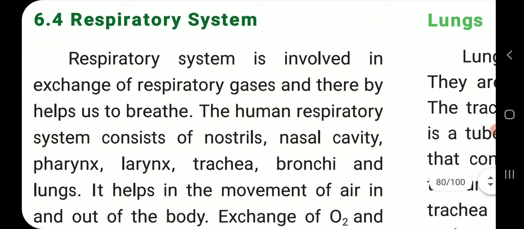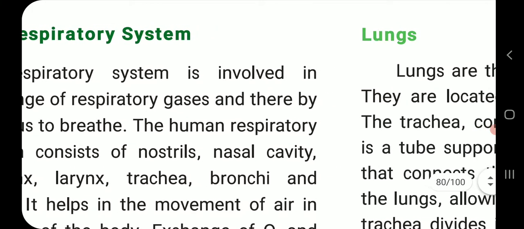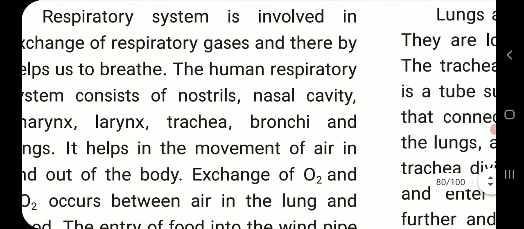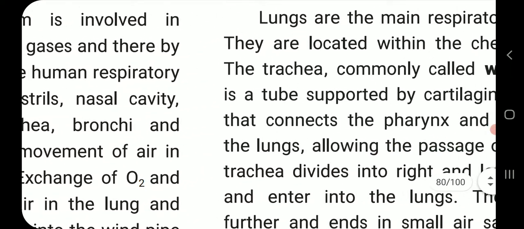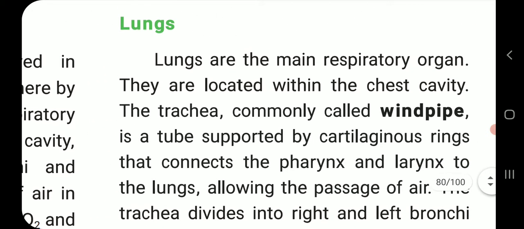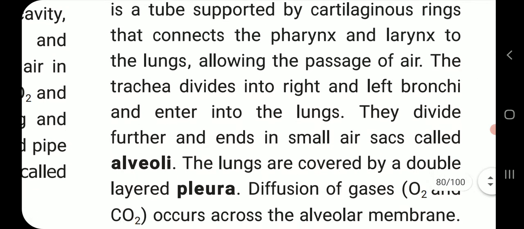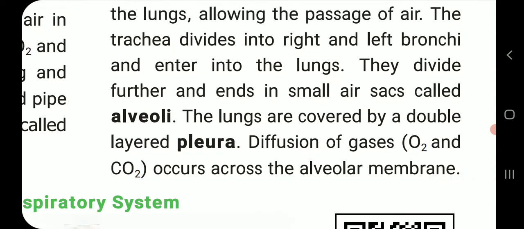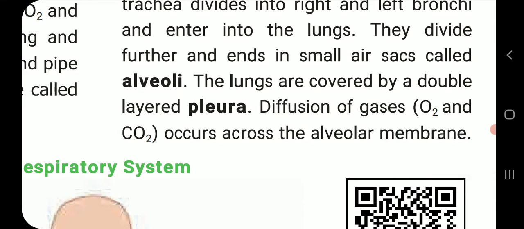Now the next system is the respiratory system. Here we have nostrils, nasal cavity, pharynx, larynx, trachea, bronchi and lungs. The lungs are the main respiratory organ. The trachea is also known as the windpipe. There is a double layer membrane called pleura.